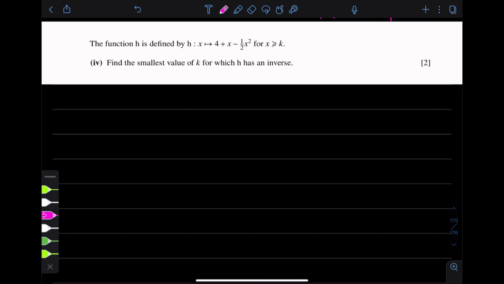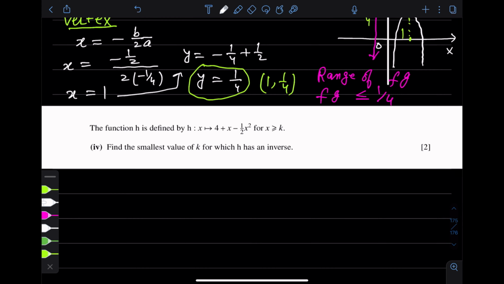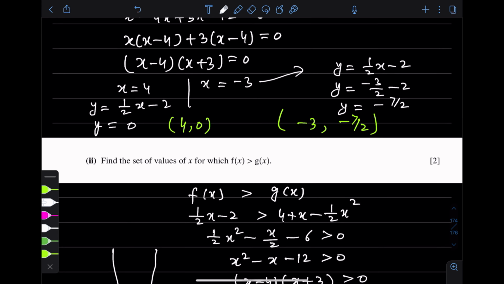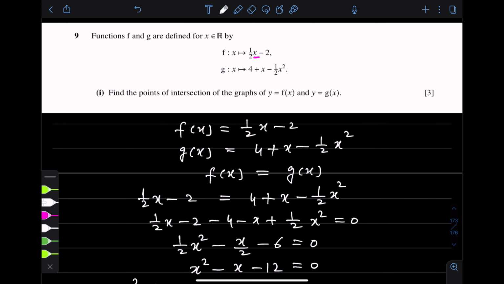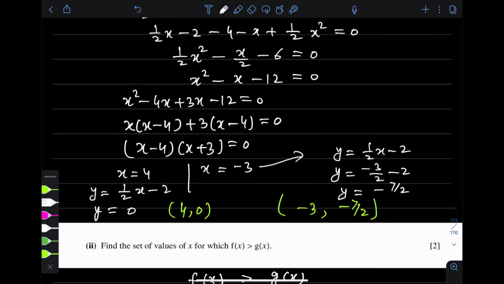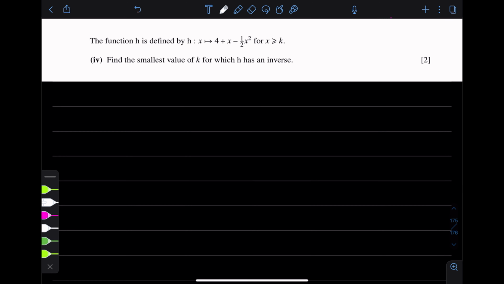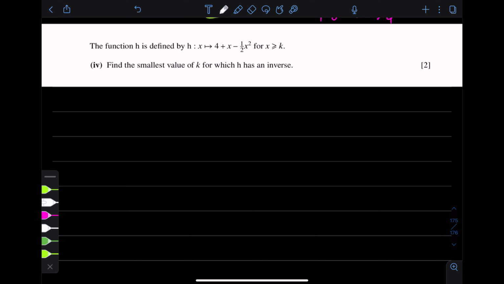The next part of this question is part 4. The function h is defined by h(x) = 4 + x - 1 over 2 x square. This is the same function as g(x). h(x) is the same as g(x), but the domain is different.